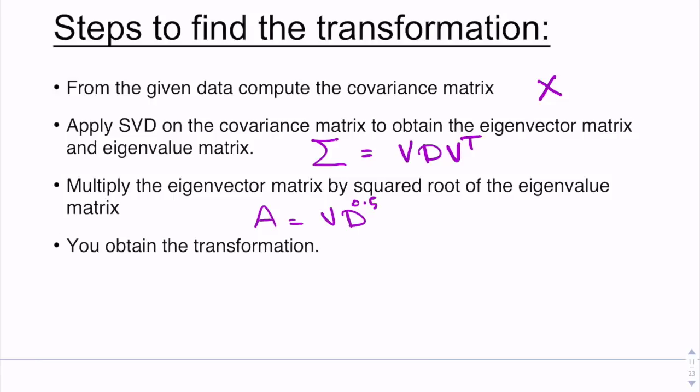So far you should know what a matrix transformation looks like, and how we can find a transformation by singular value decomposition. Next I'm going to talk about how, using this concept, we can do principal component analysis.